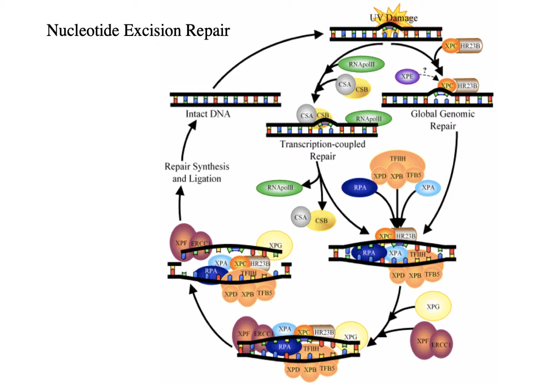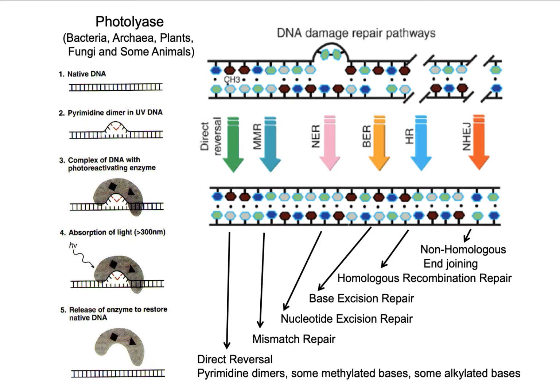Note that some of these proteins listed here are XP, XP, XP, XP, which stands for xeroderma pigmentosum. Those are some of the proteins that are mutated, causing nucleotide excision repair to fail in people with xeroderma pigmentosum.